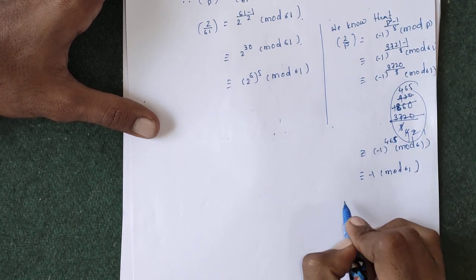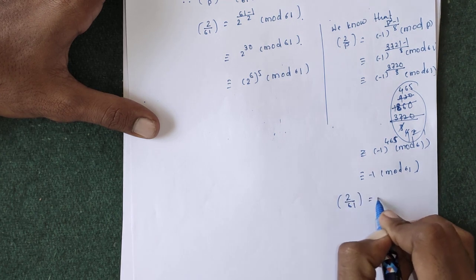So the Legendre symbol of 2 and 61 will be minus 1.